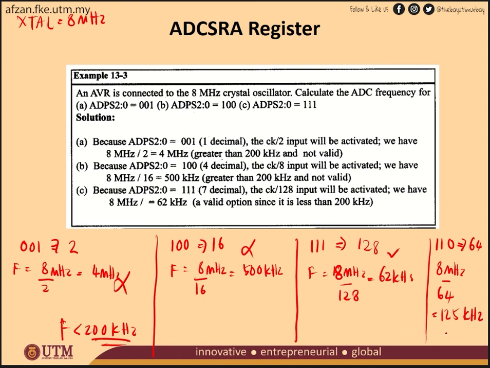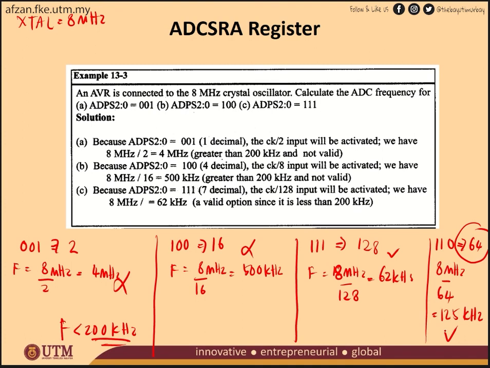Can you use this one? Yes, you can, because the frequency is smaller than 200 kilohertz. So out of these two, the prescaler of 128 and the prescaler of 64, which one is the best? Which one are you going to use? Of course, you need to use 64.